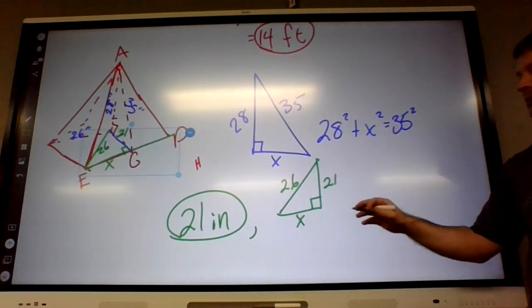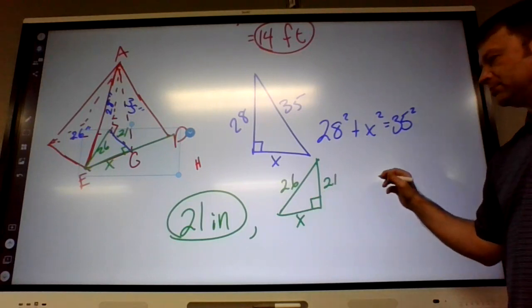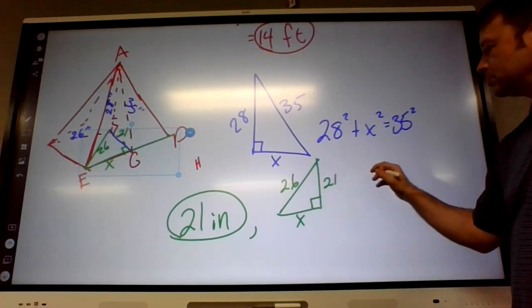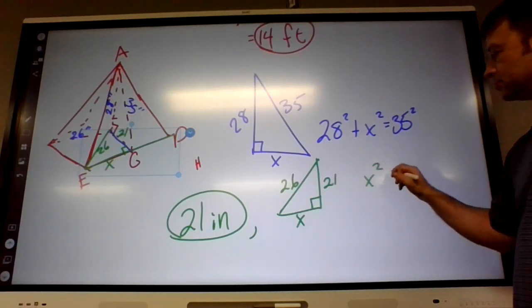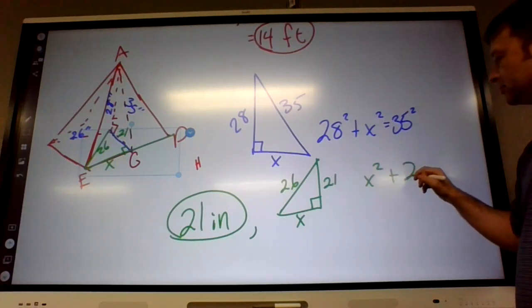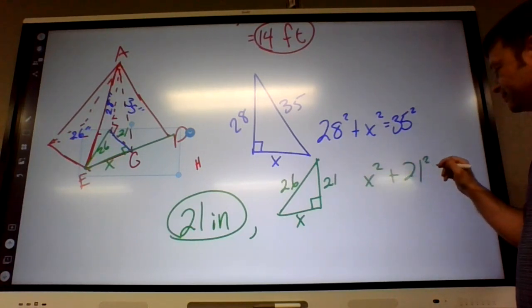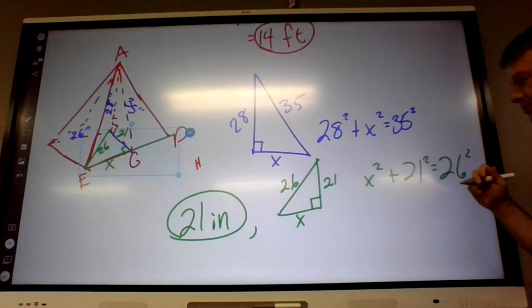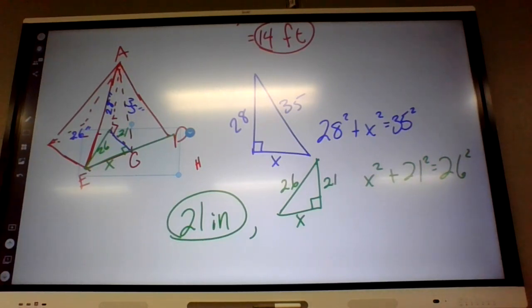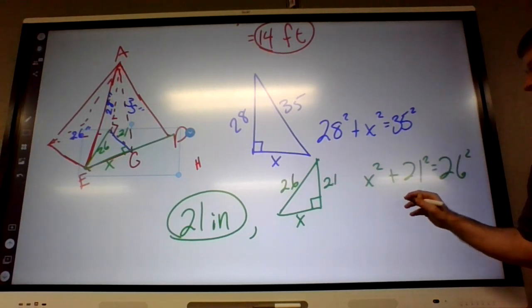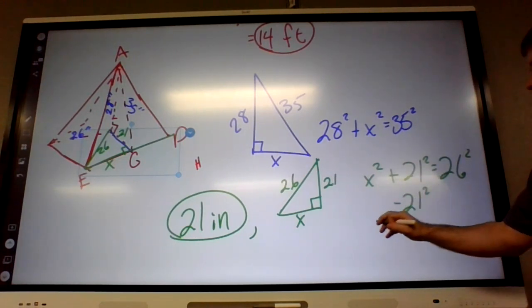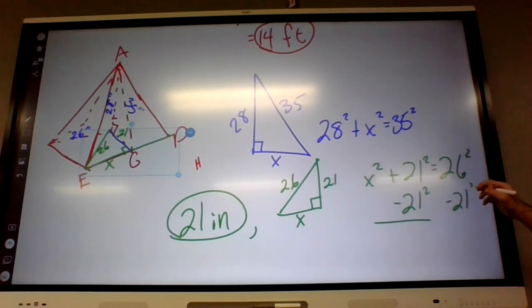Anya, do you know how we set this up for x? Would it be x squared plus 21 squared? Yep, 26 squared. Okay, yeah, it comes out messy, so let's go ahead and do the decimal version. Don't worry about the square root version.